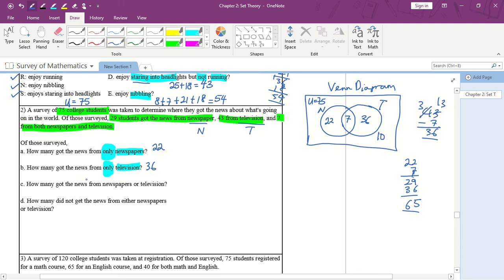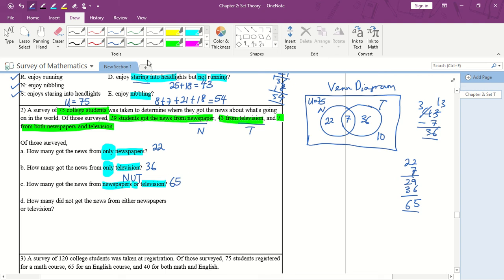And now again. How many got the news from newspaper or television? Newspaper or television means that it talks about the whole area here. You can understand it as N union T, which means the whole thing. 22 plus 7, 29, and 29 plus 36, which is 65.